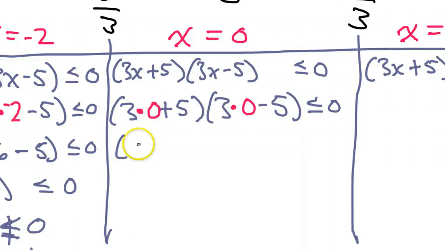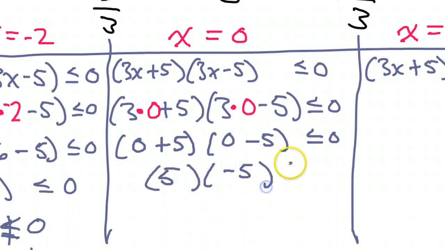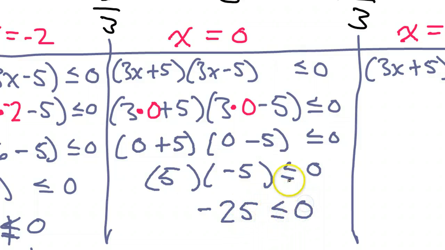Well, 3 times 0 is 0. So I've got 0 plus 5 and 0 minus 5. Well, 0 plus 5 is just 5, and 0 minus 5 is negative 5. Positive times negative is a negative, so I've got negative 25 is less than or equal to 0.